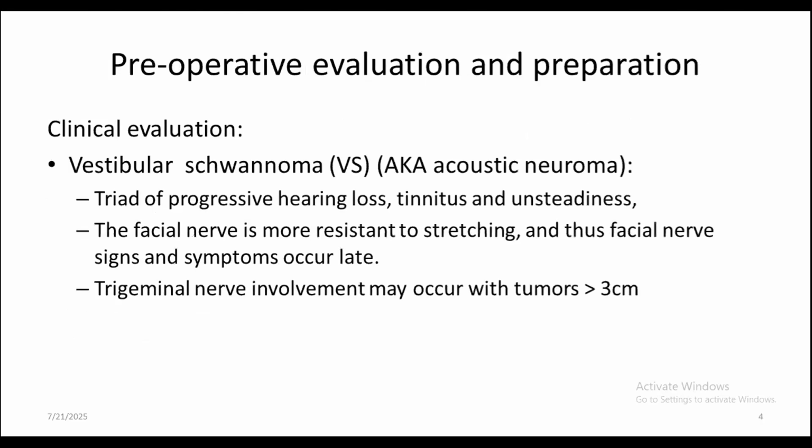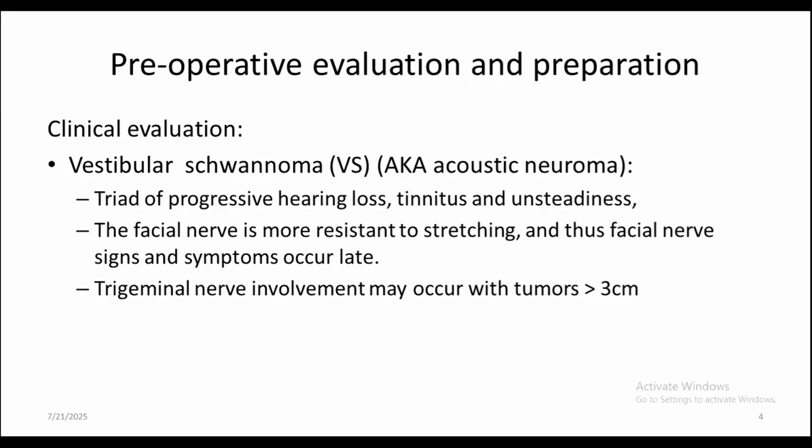The preoperative evaluation of this patient depends on the pathology that is located in the CP angle, and the patient will present based on the lesion that is available. The commonest lesion in the CP angle, as earlier alluded, is the vestibular schwannoma. For patients that are having this type of lesion, there is a triad of symptoms which involve progressive hearing loss, tinnitus, and unsteadiness.